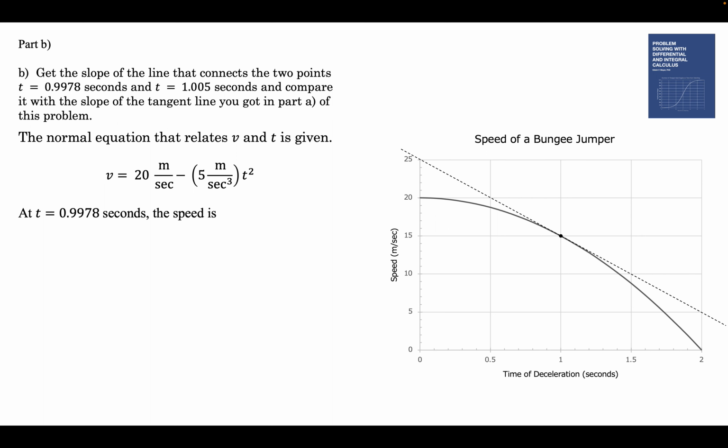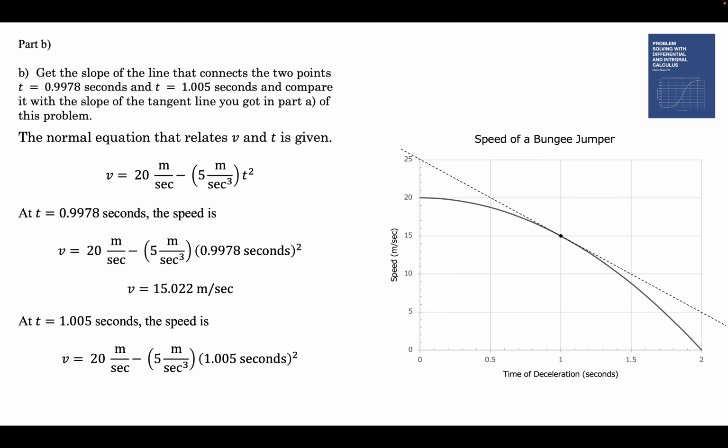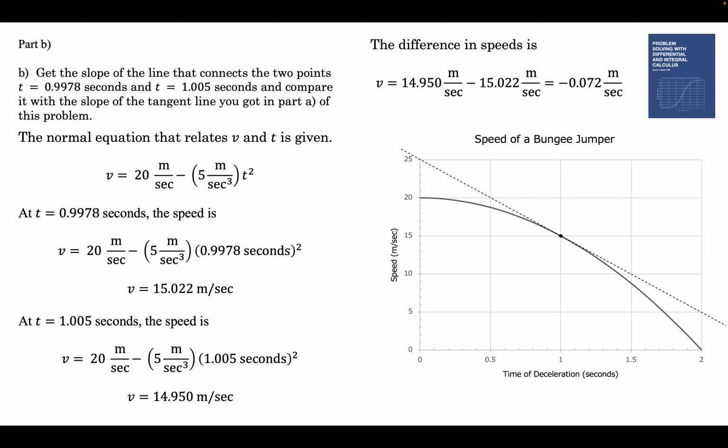If we plug in 0.9978, the speed is 15.022. And a little bit later, at 1.005 seconds, the speed is, it's slowing down. Now it's only going 14.950. We can subtract those to get the difference in speeds, and that's the rise between the 2 points, minus 0.072 meters per second.